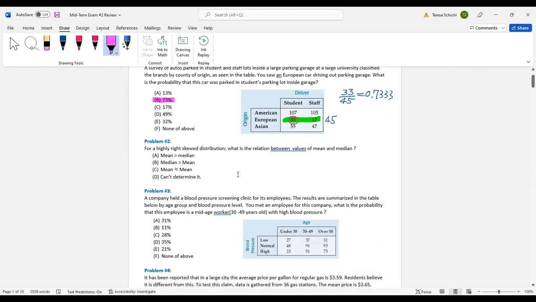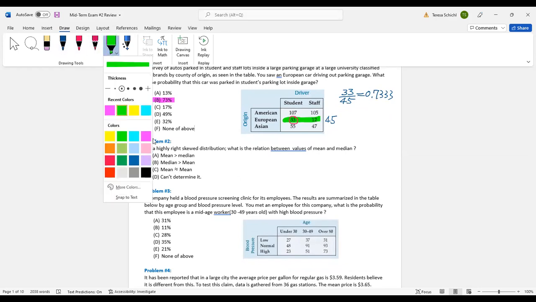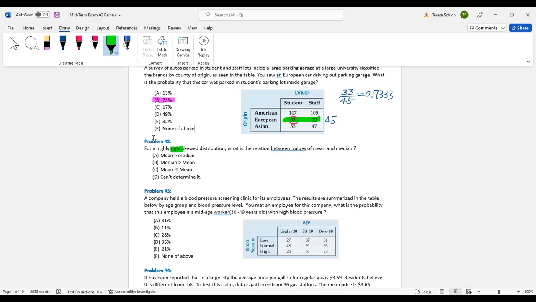The next question says, for a highly right-skewed distribution, what is the relation between the values of the mean and the median? When we say left skew or right skew, it is about where the tail is. If it is right skewed, that means on the right-hand side of the distribution I have a tail. So a right-skewed distribution looks like this.